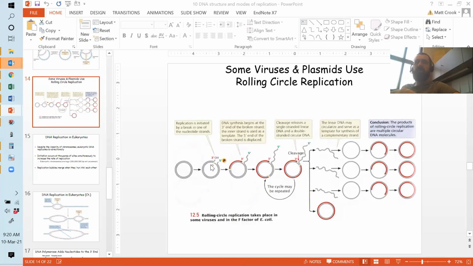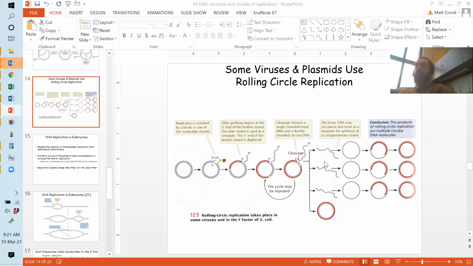And what it does is it nicks, so it cuts, doesn't cut the DNA strand all the way through. So here's our double-stranded, circular bit of DNA. What happens is you cut one of those strands, right? And then you start synthesizing that one new strand, and you go round the circle, right? That's why it's called rolling circle, right? And then when you get to the end, off it trots, right?